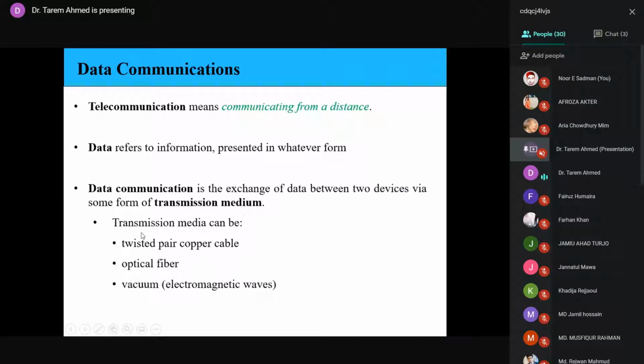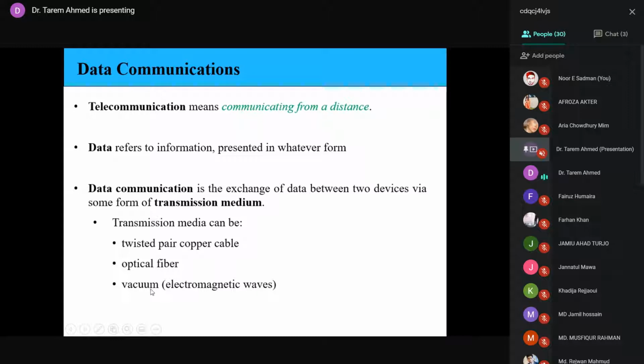There are typically 3 kinds of transmission media. Electrical, which is copper wire of all kinds, where electrical signals transmit. Optical fiber, where electrical is converted to optical pulses, so then optical pulses carry the information. And then electromagnetic waves in the wireless medium.